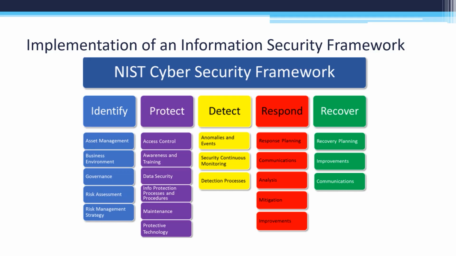For example, a governance enforcement within the bank would be PCI DSS, or the payment card industry standard. Then also, after we've identified all the objects, we can do a risk assessment and then have a risk management strategy. In order to protect all our data after we've identified it, we need to have access control.